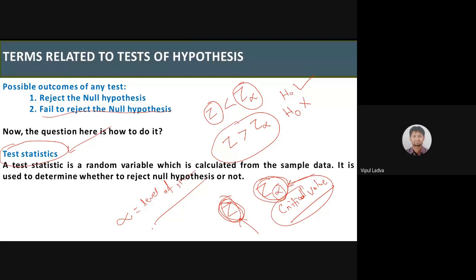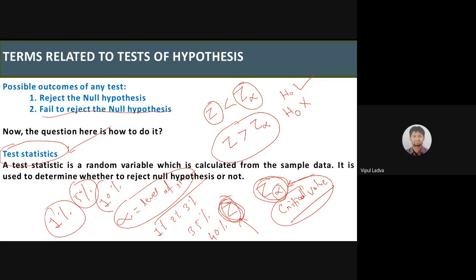You may set your level of significance to 1% or 2% or 3% or 3.5%, or if you wish, you may set it up to 40%. But usually we will be dealing with these three figures only: 1%, 5% or 10%.